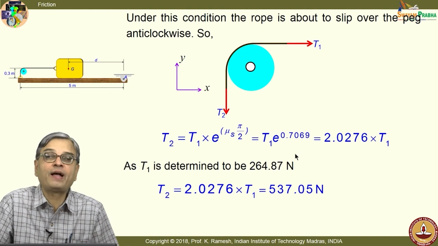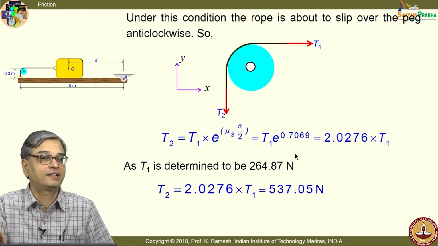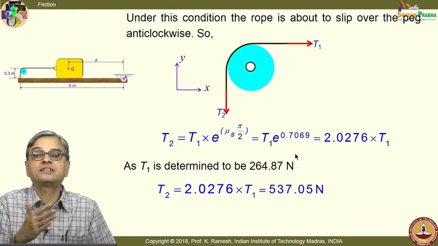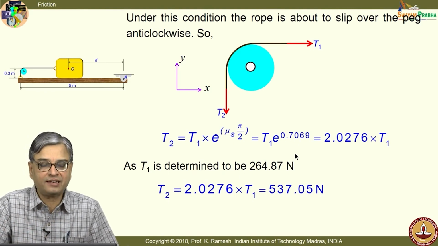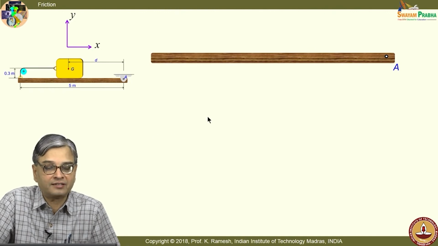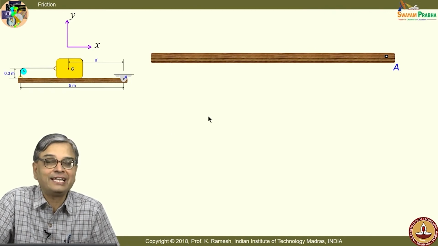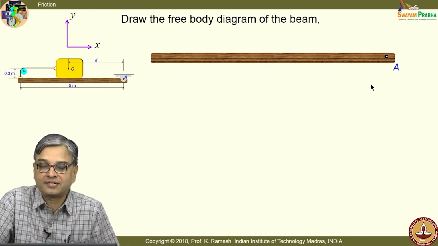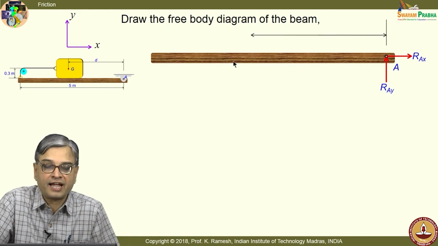And now we go back and find out what is the minimum distance d. The problem is very interesting in the sense it accommodates all that what you have learned in statics before we leave statics. I have the pin joint here, replace it by the two forces, and I have the block. The interaction is a normal force and frictional force like this, and you have T2.